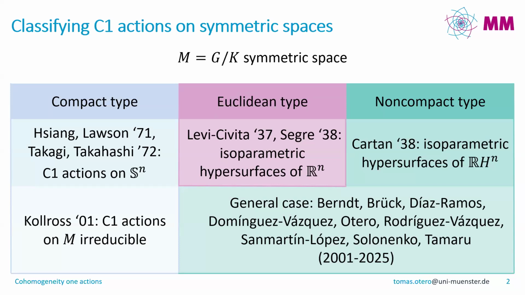But as I will explain later, we have an advantage, which is we can work with the theory of the restricted root space decomposition of the isometry algebra, which turns out to be a very useful tool.